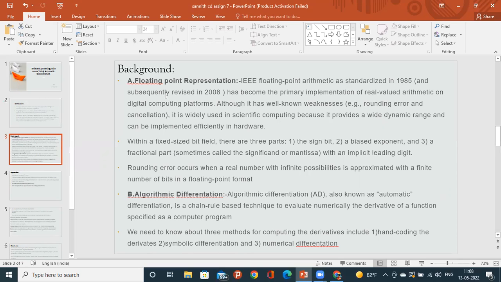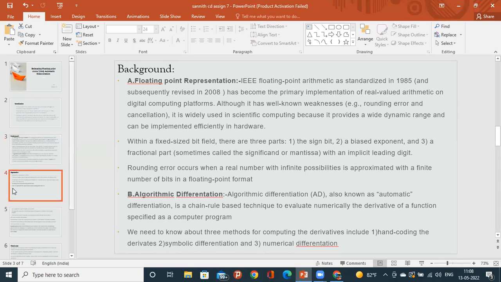Rounding errors occur when a real number is approximated with a finite number of bits in a floating point format. Algorithmic differentiation, also known as automatic differentiation, is a chain rule based technique to evaluate numerically the derivative of a function specified as a computer program. There are three other methods of computing derivatives, including hand coding the derivative, symbolic differentiation, and numerical differentiation.